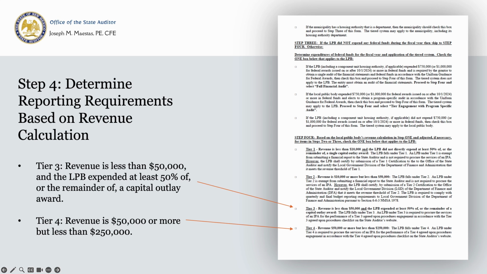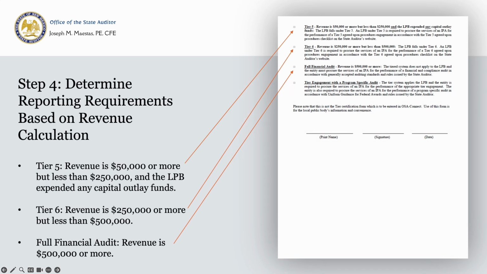Tier 4. Revenue is $50,000 or more, but less than $250,000. Tier 5. Revenue is $50,000 or more, but less than $250,000, and the LPB expended any capital outlay funds. Tier 6. Revenue is $250,000 or more, but less than $500,000. Full financial audit. Revenue is $500,000 or more.